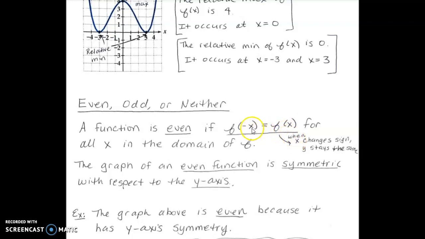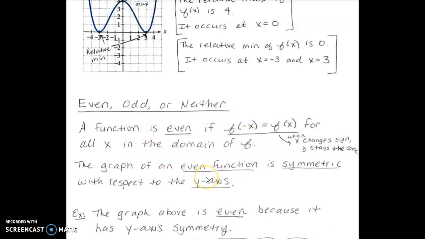So in other words, when x changes sign, the y values stay the same. So x can be a positive value or that same number but negative, so it would be the same distance away from 0 on opposite sides of the y-axis, but the y values are the same at those two spots. If that's true for all x in the domain of f, we say that the function would be even.